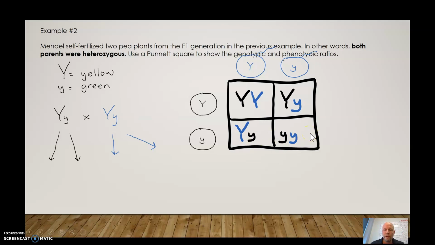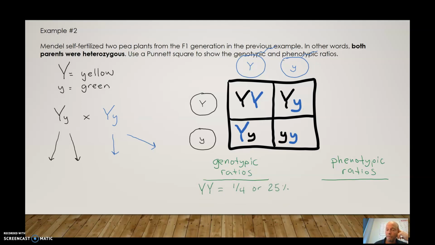So from this we can figure out what our results are going to be by calculating the genotypic and phenotypic ratios. So, for example, there's 3 genotypes that we're going to get from this cross. The first one is big Y, big Y, and that occurs 1 out of 4, or 25% of the time. So I'm looking at this one right here, 1 out of 4, 25%.